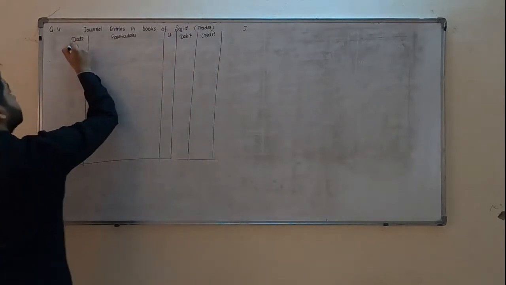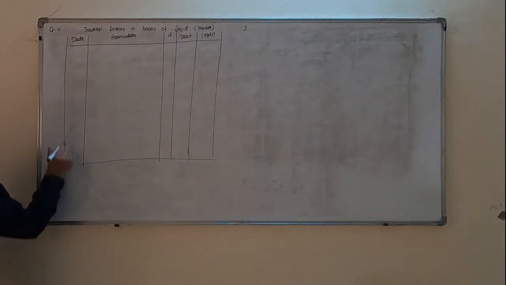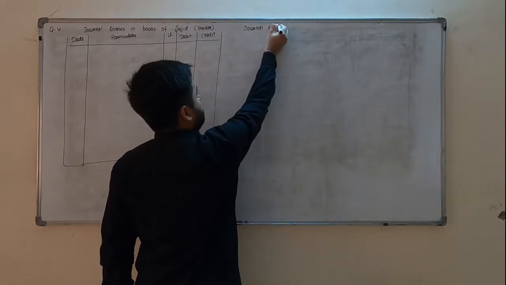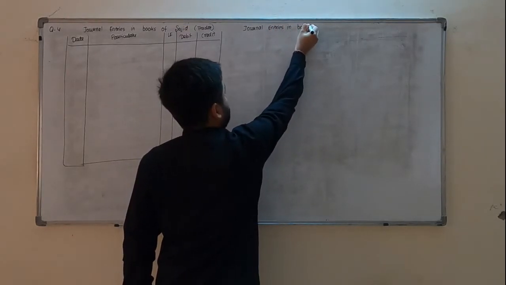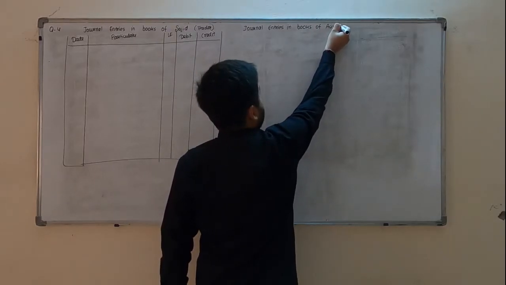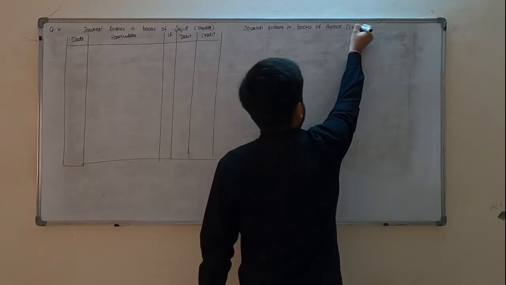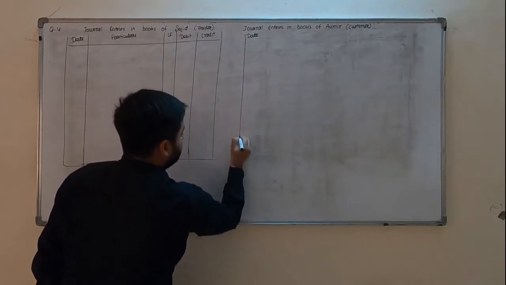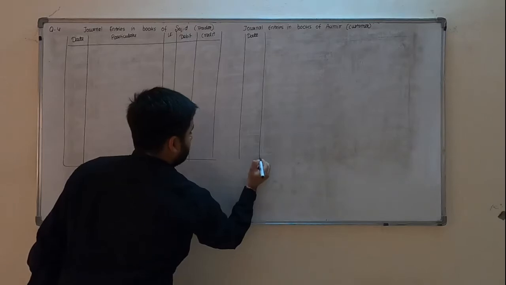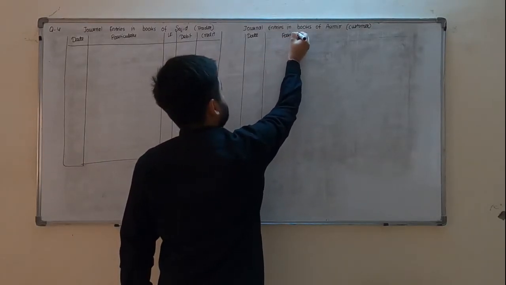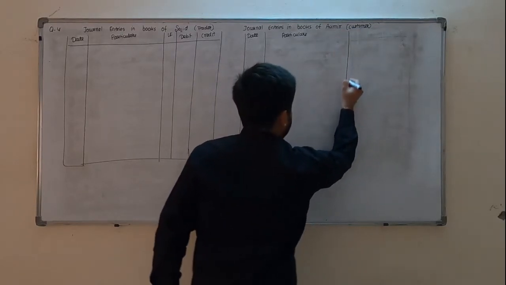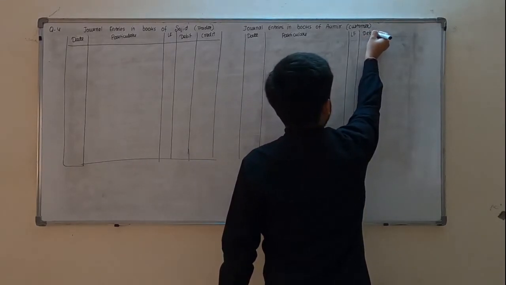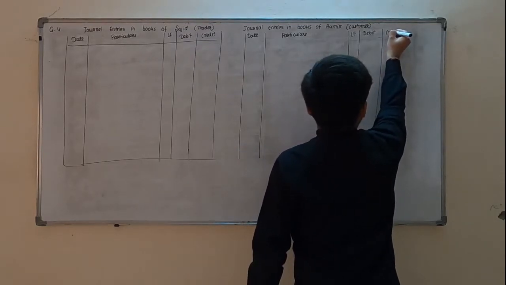Then journal entries in books of Amir. Amir is customer. Date, particulars, LF, debit, credit.